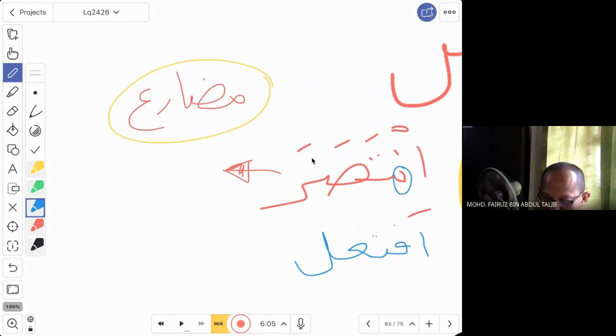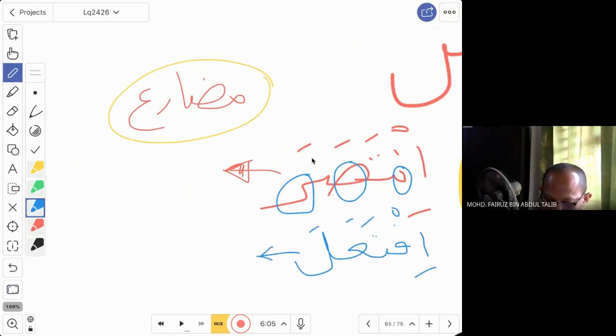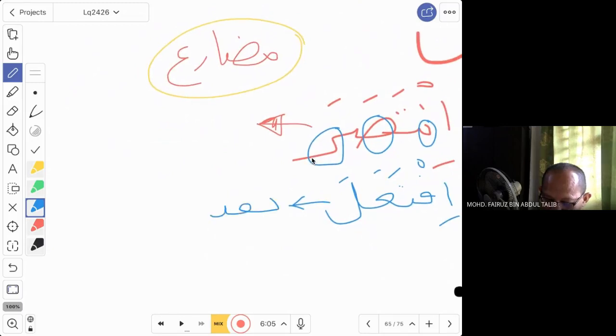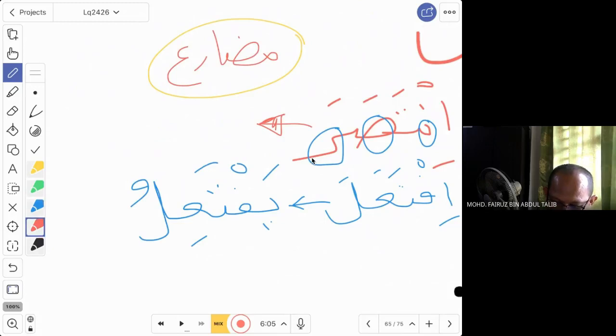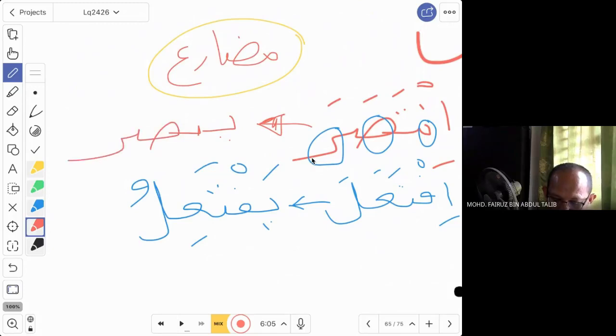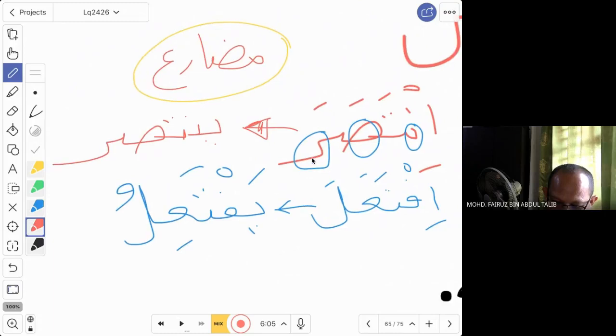Nun, sad, and ra are the original letters. So ifta'ala, what is the mudari? Yafta'ilu. So the mudari for intasara is yantasiru.